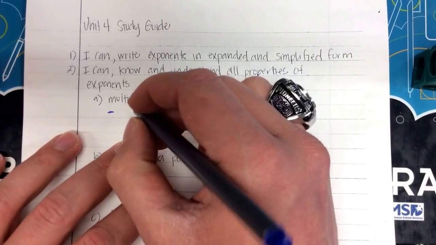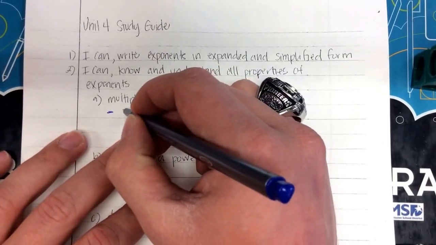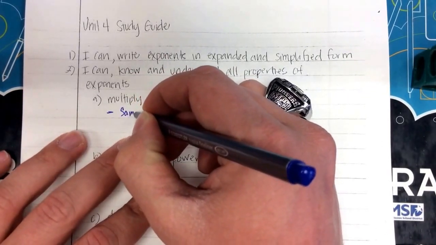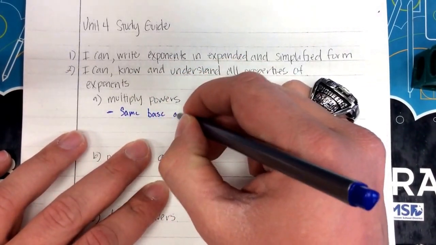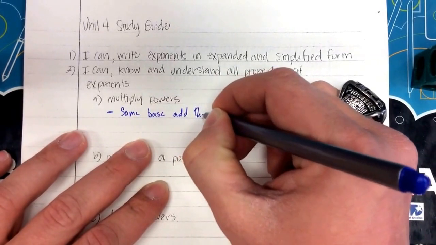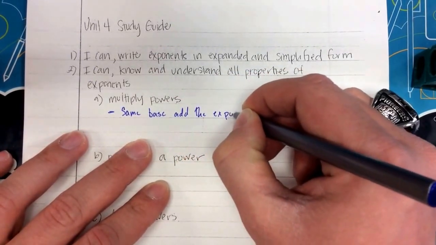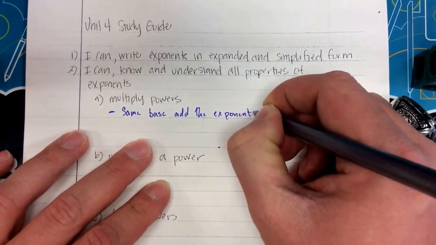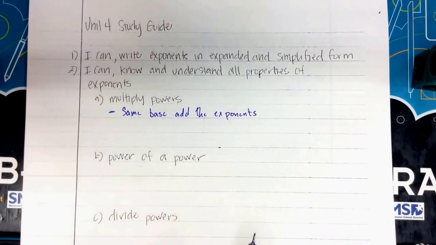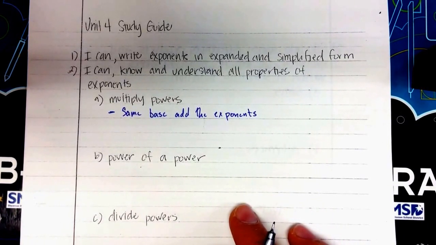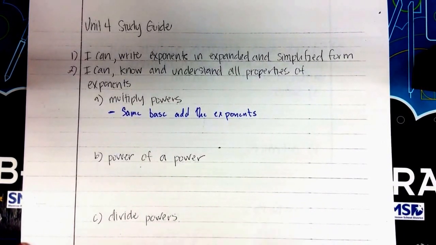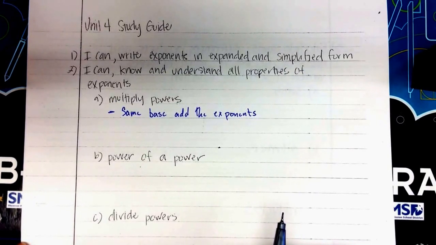Yes, good. So when the powers have the same base, add the exponents. So when the powers have the same base, add the exponents. What was the little sub note that we had for this rule?